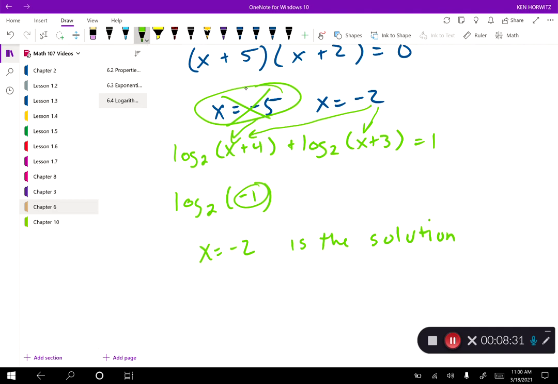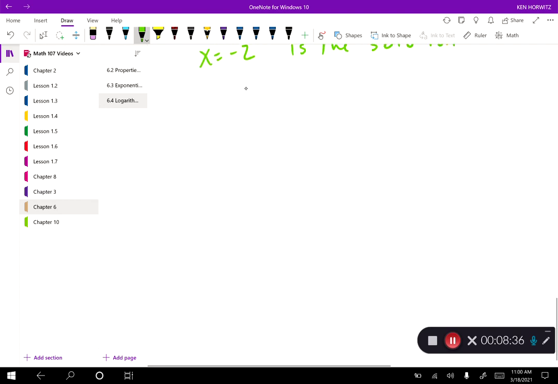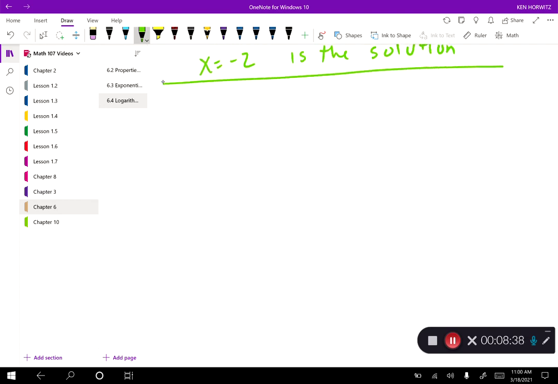All right, so let's try another one. So I got the log base 2 of x minus 3 plus the log base 2 of x minus 4 equals 1.